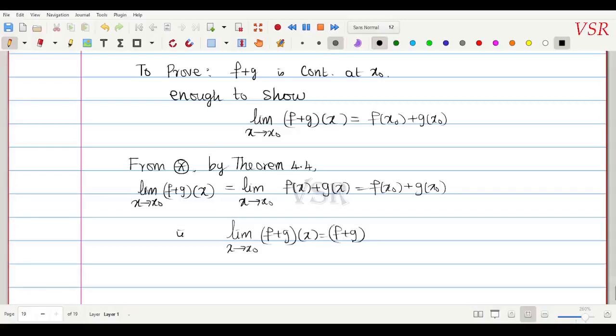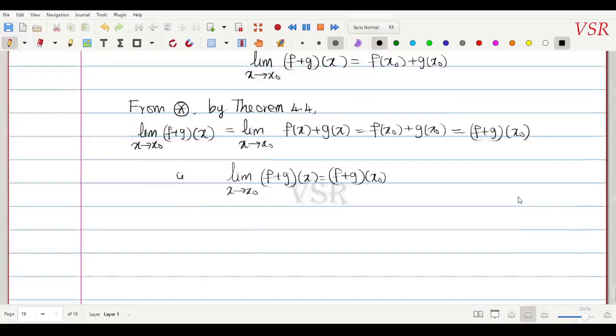This implies that f plus g is continuous at x naught.